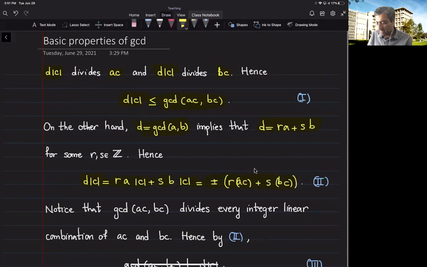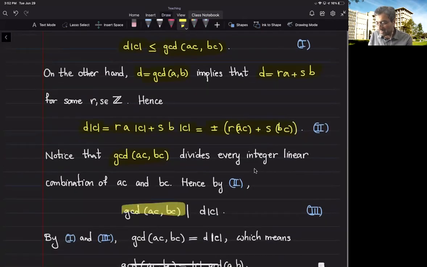Now notice, the GCD of AC and BC is a common divisor of AC and BC, and therefore it divides every integer linear combination of AC and BC. In particular, using this equality, GCD of AC and BC should divide D times absolute value of C.